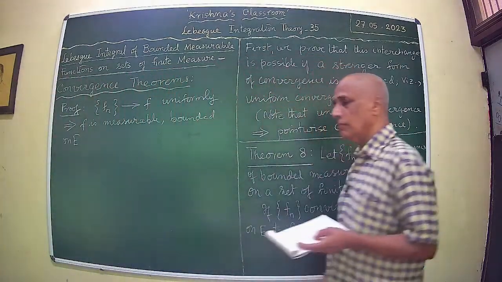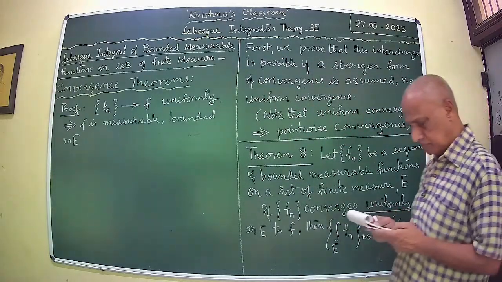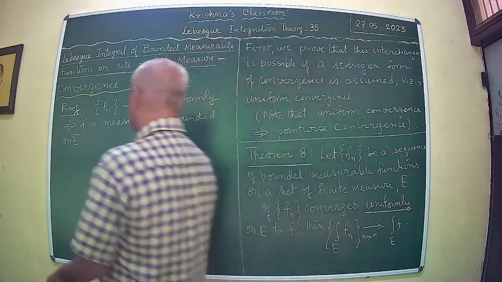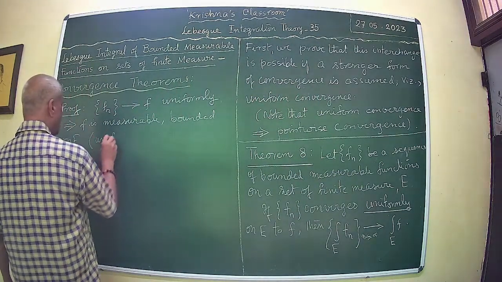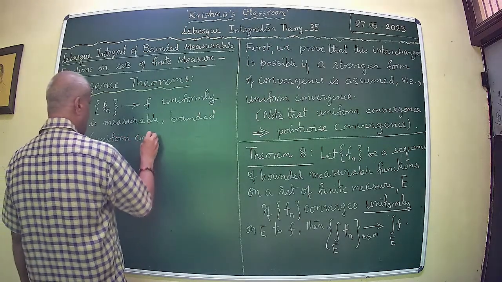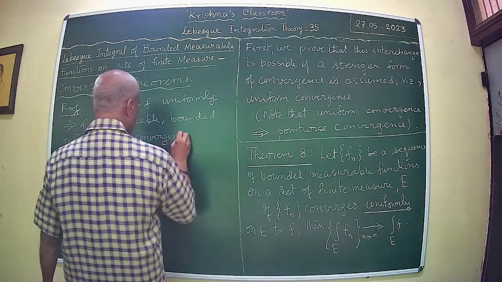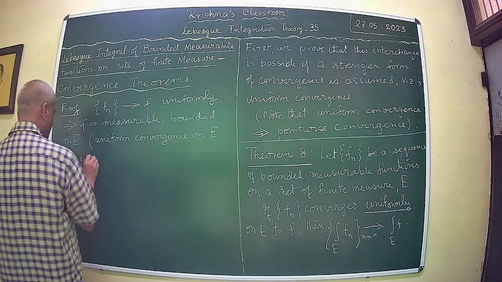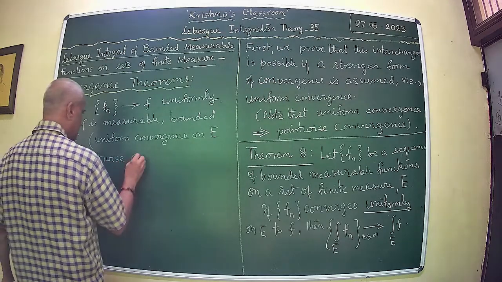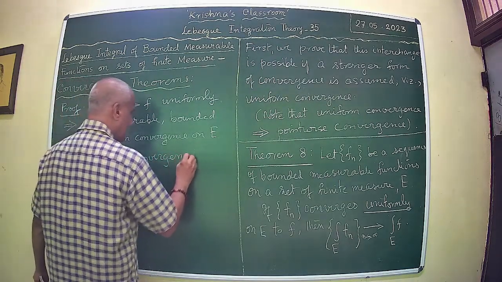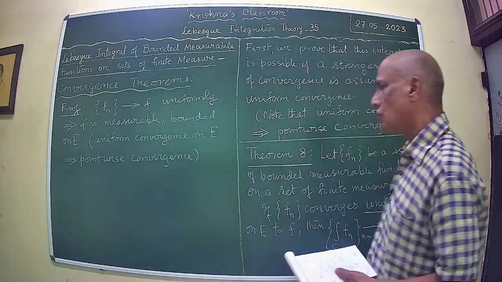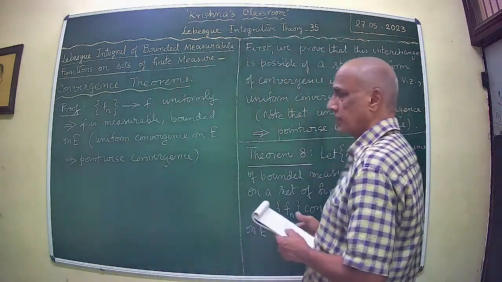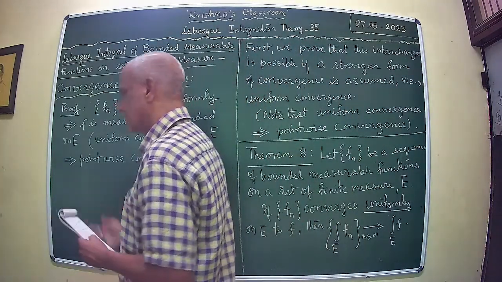F is a measurable bounded function, because we have seen that even under pointwise convergence F is bounded and measurable, therefore in the special case of uniform convergence it is more so.